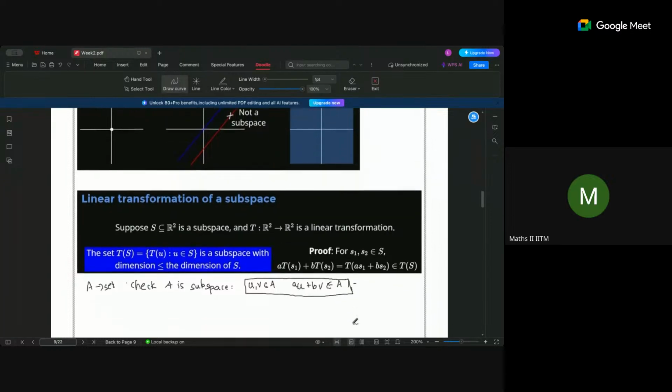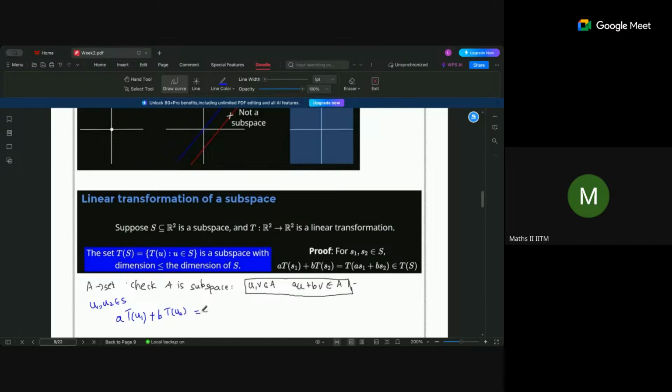So here, first we are going to check whether this T of S, that is the image of S, is a subspace or not. For that, we first take two elements from this set. The two elements are T of u1 and T of u2, where u1 and u2 are elements of S. Then we consider some linear combination of these two elements.